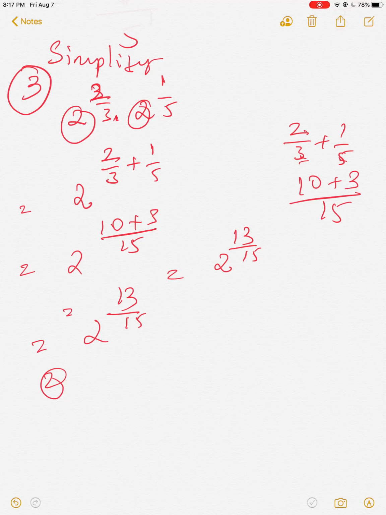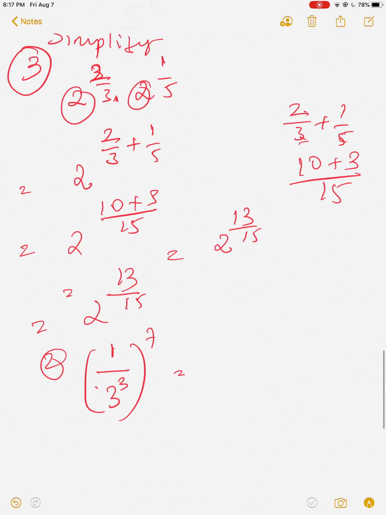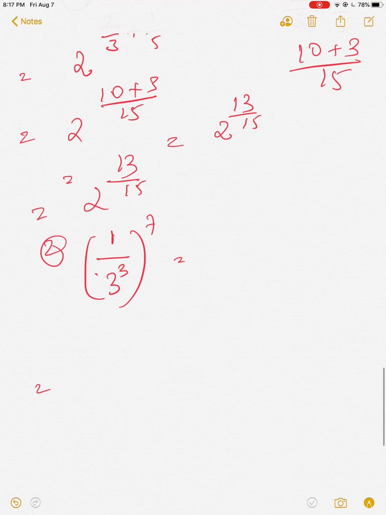1 upon 3 cube, whole raised to power 7. Now this 7 belongs to both.